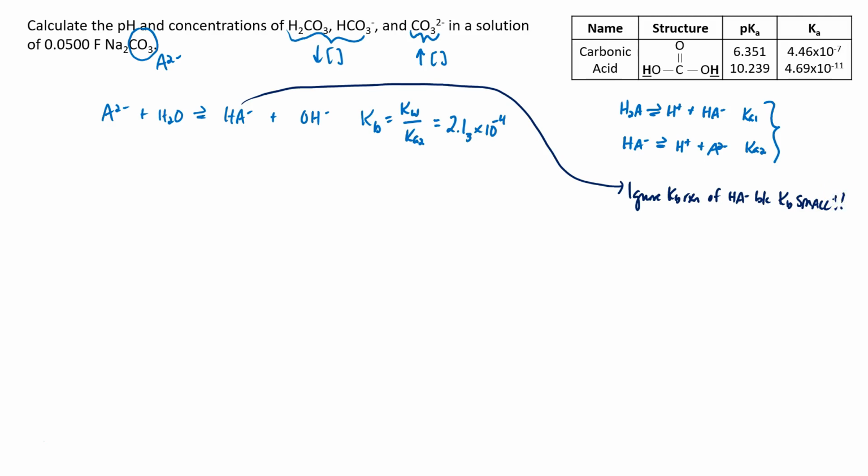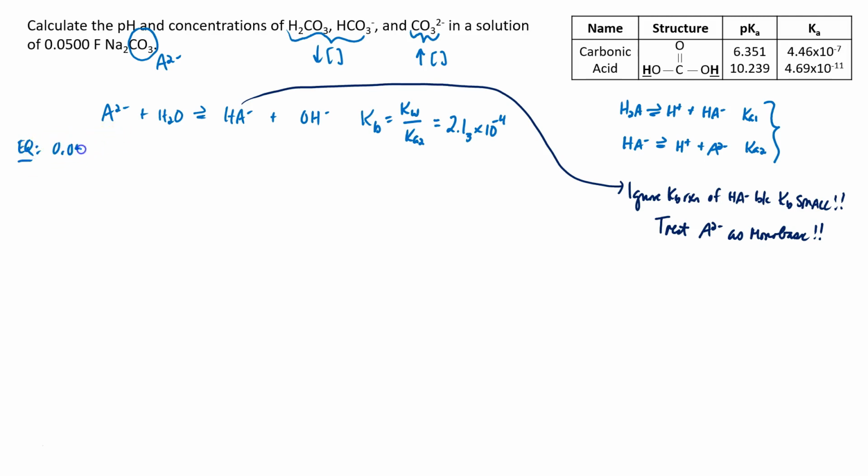And that allows us to treat A-2 as though it were monobasic. So we all know how to find the pH of a weak base, and we're going to use quick and dirty, but just in case quick and dirty fails, I will write down what we have at equilibrium.